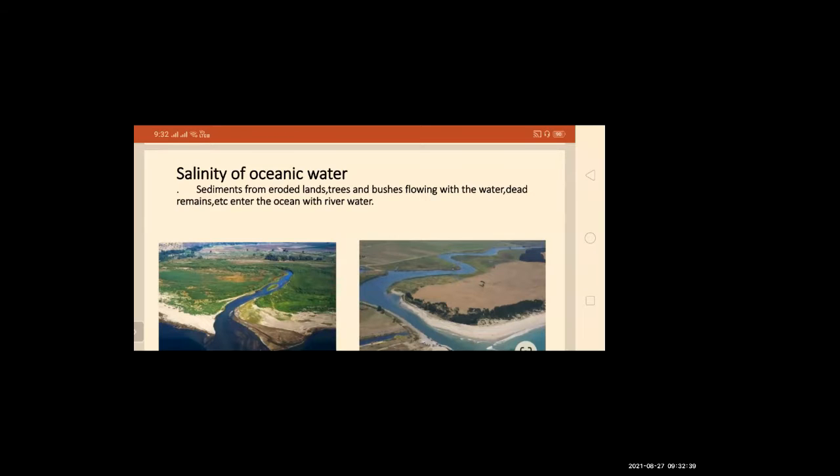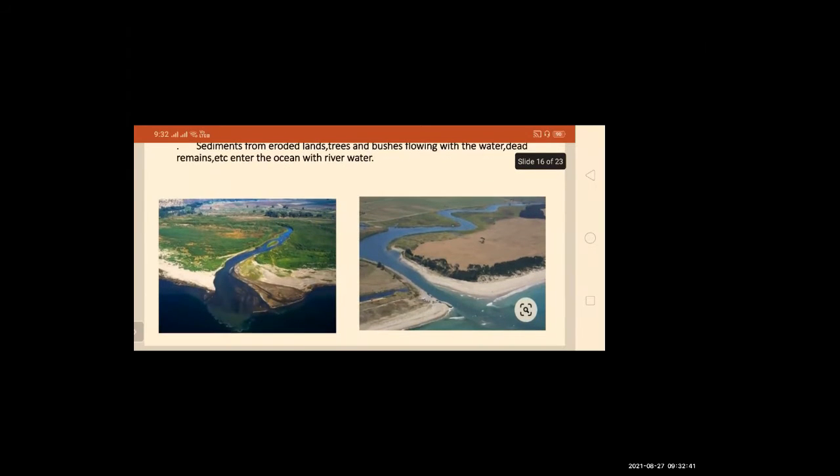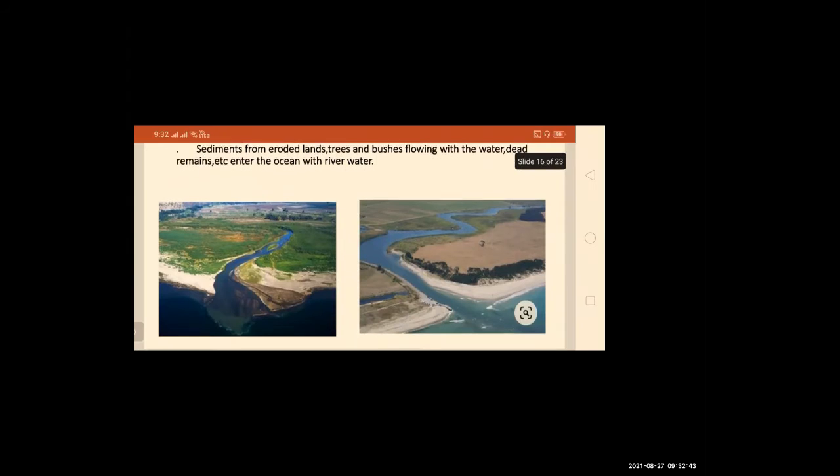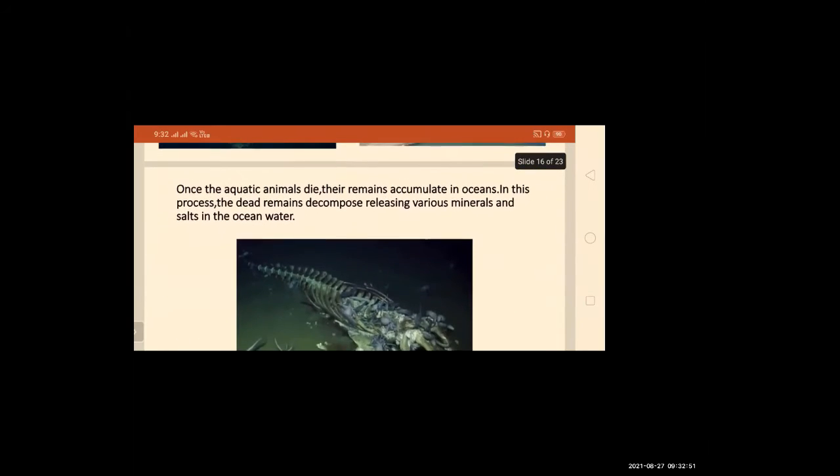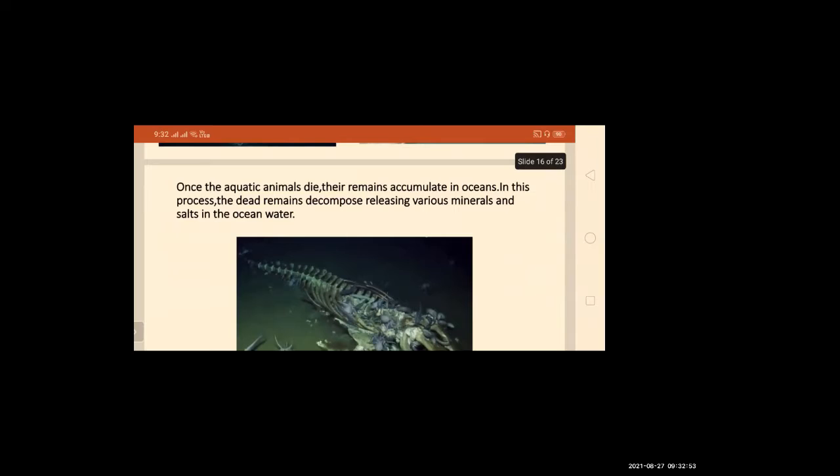And these are the reasons behind the salinity of oceanic water. First is the dead remains or the sediments carried by rivers, which get mixed into the ocean water. The second reason is that when aquatic animals die, they decompose in the ocean water, releasing various salts and minerals.